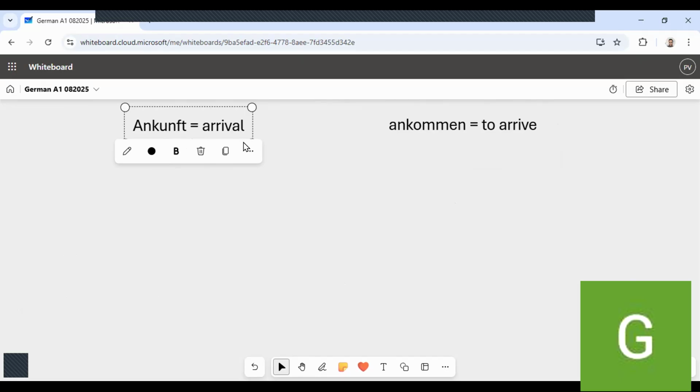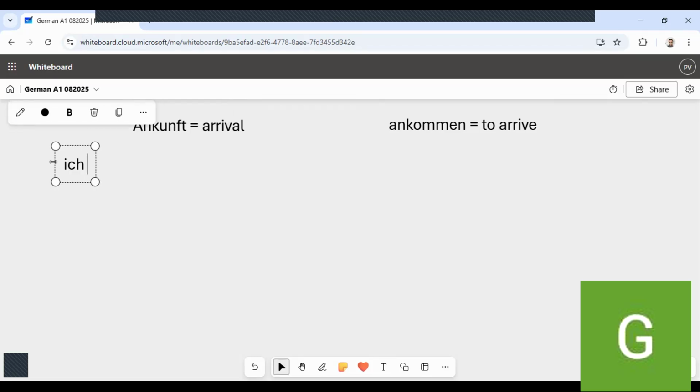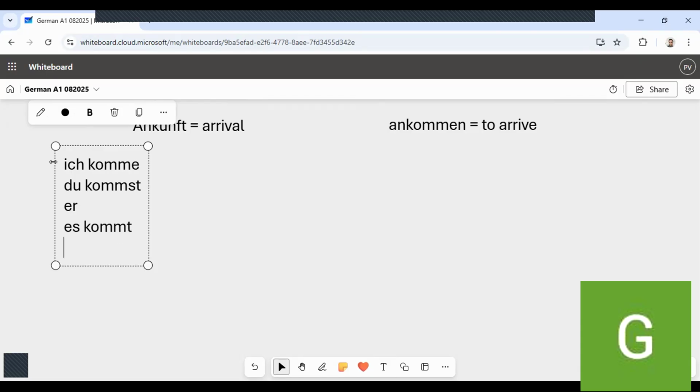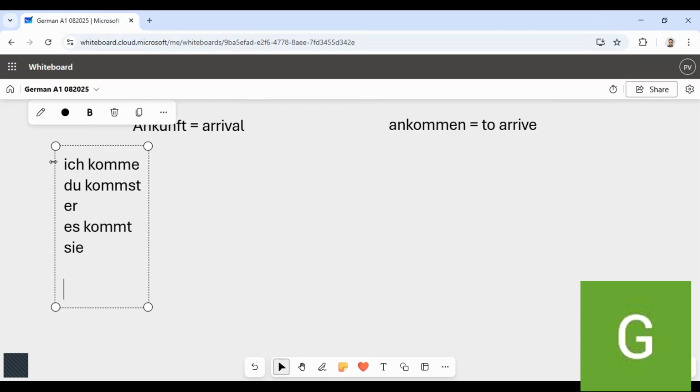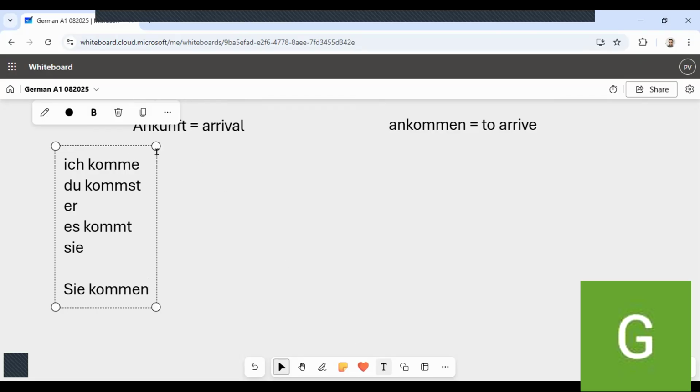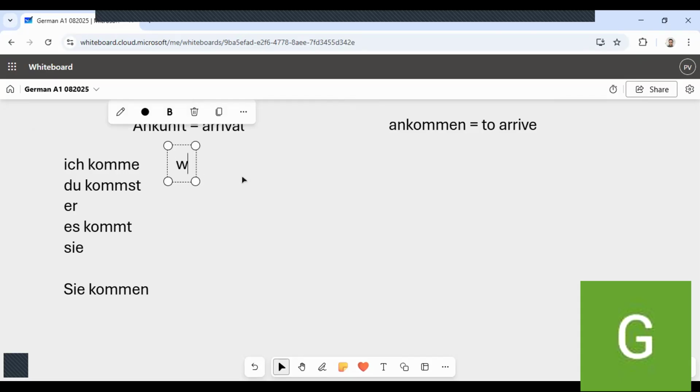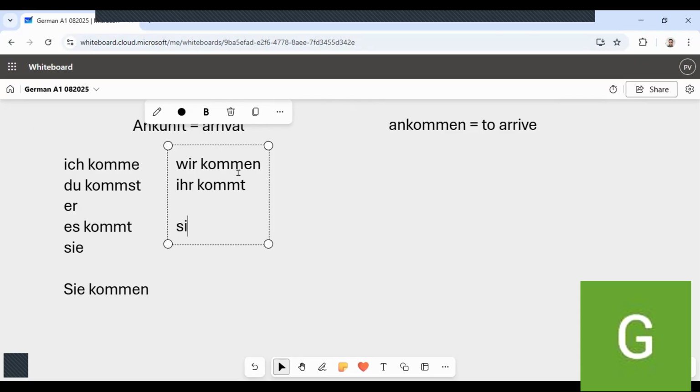So the sentence will be like this. The conjugation of ankommen: ich komme an, du kommst an, er kommt an. I'm writing this for your easiness so that you can make some sentences looking at these.